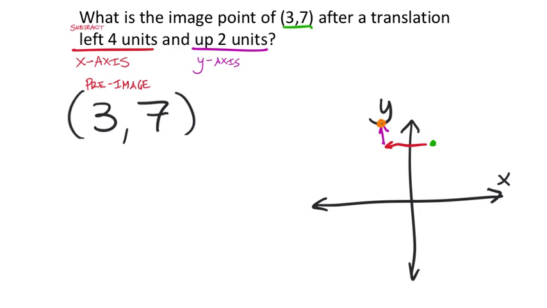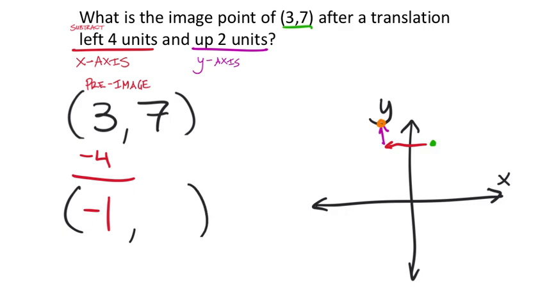Why? Because to the left on the x-axis makes it smaller. So the 3, all I need to do is subtract 4, and whatever that result is will be my x value for the image. So 3 minus 4 is -1. Now that's my x value in the ordered pair for my image.